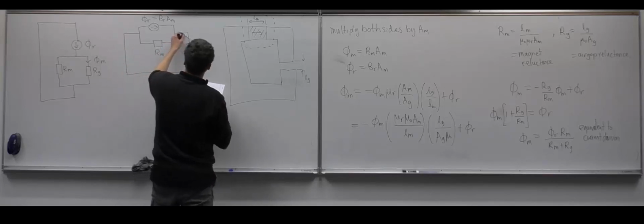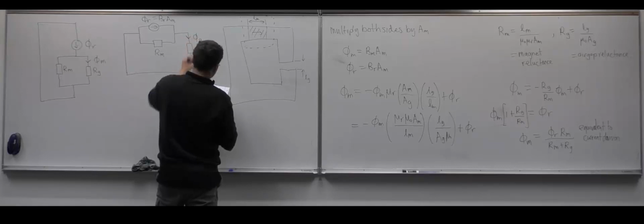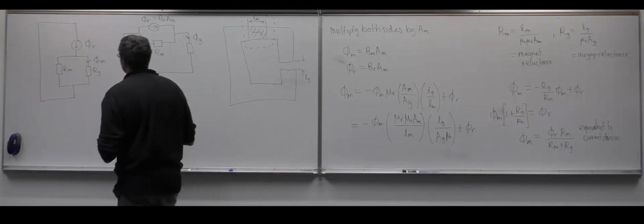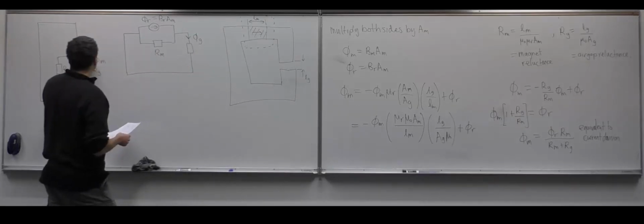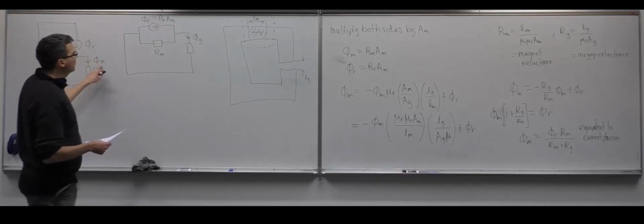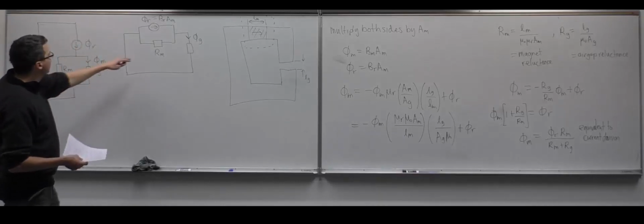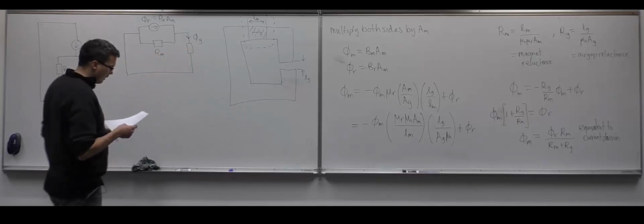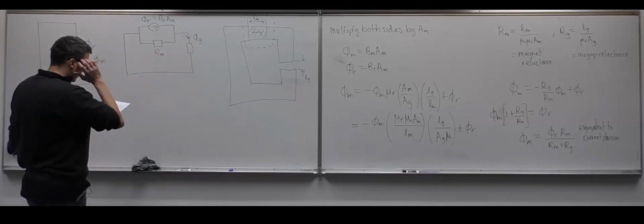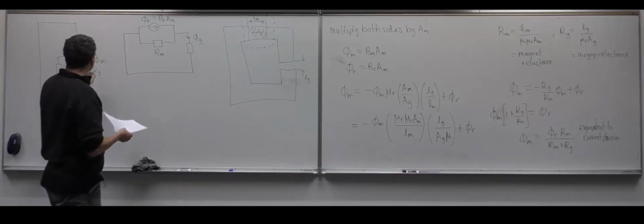Where this would be the air gap flux. So here this flux M is the air gap flux. Does that make sense?